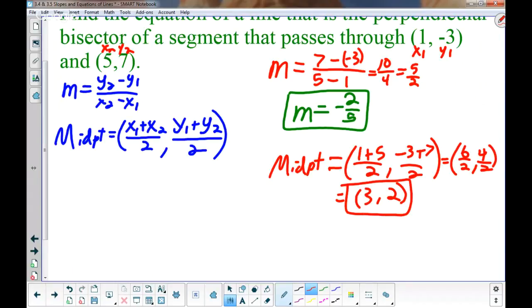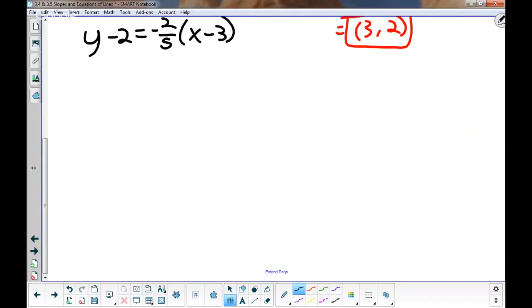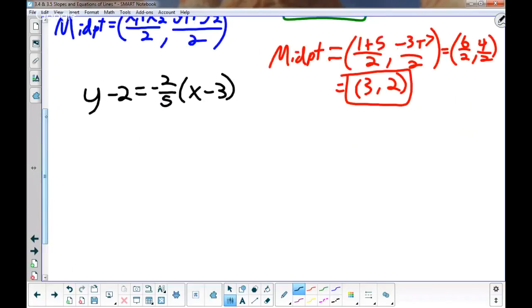I can now find the equation of my line. So we can go through point-slope here. We got y minus 2 equals -2/5 times x minus 3. From there, we're just going to distribute and solve for y. y minus 2 equals negative 2/5 x plus 6 over 5. Add 2.